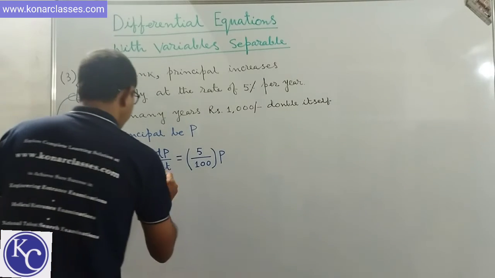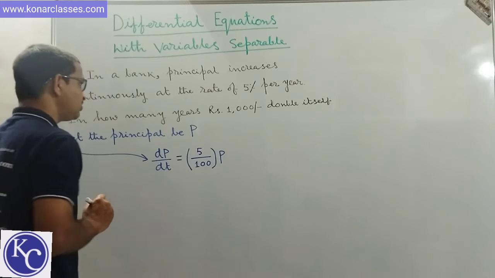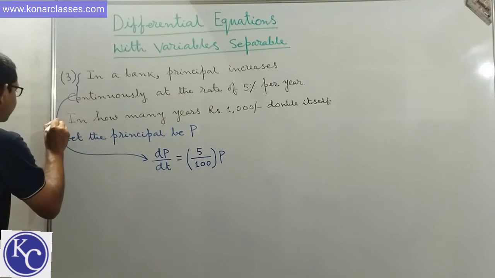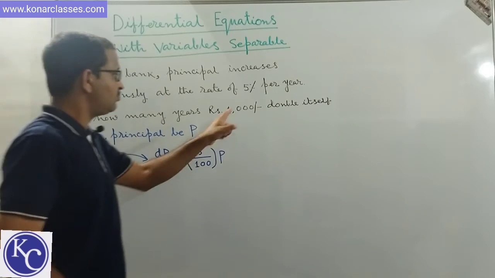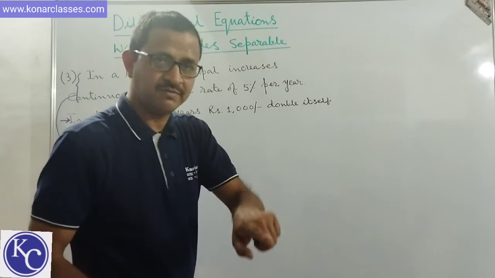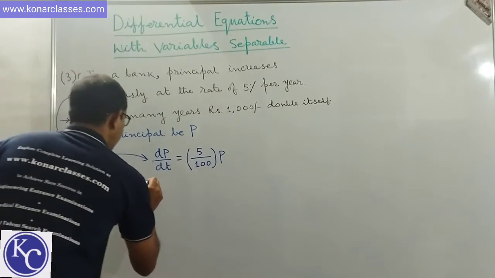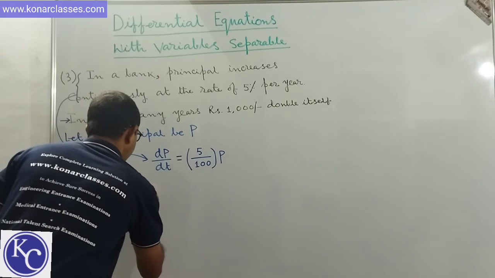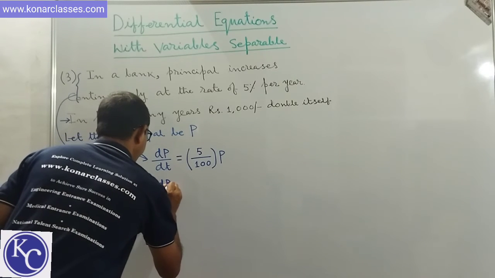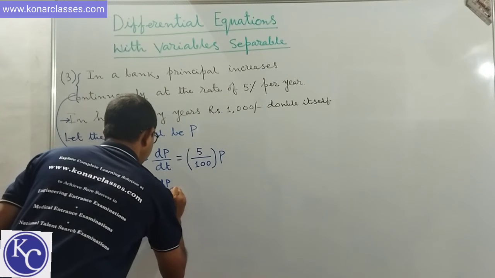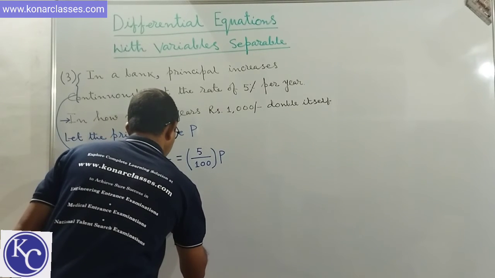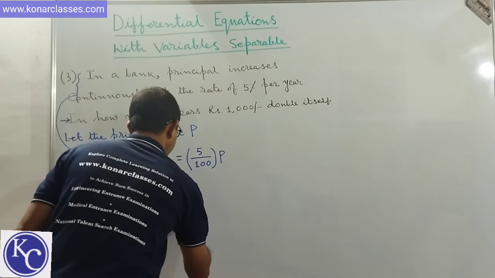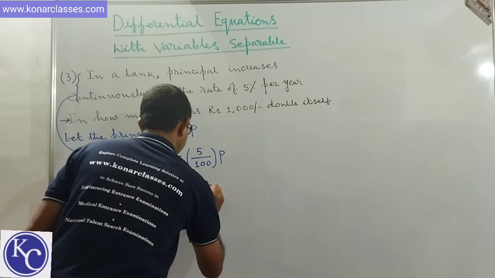Okay, so now we need to solve it. Why do we need to solve it? Because the next statement is giving the question: in how many years will rupees 1000 double itself? So from here we write dP by P is equal to 5 by 100, that means 1 by 20, into dt.